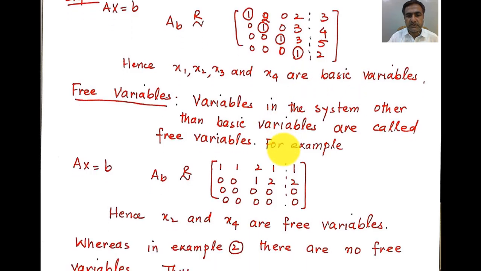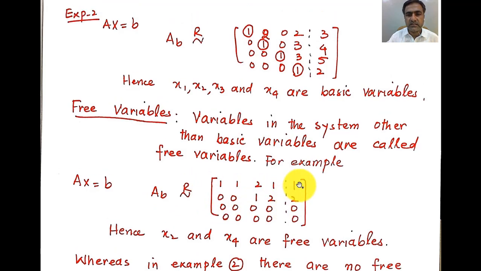There are also free variables. Variables in the system other than basic variables are called free variables. So once we separate basic variables, the remaining ones would be free variables. For example, I have a system Ax = b, then I have its augmented matrix, I reduce it to an echelon form. This is exactly the example that we considered earlier.